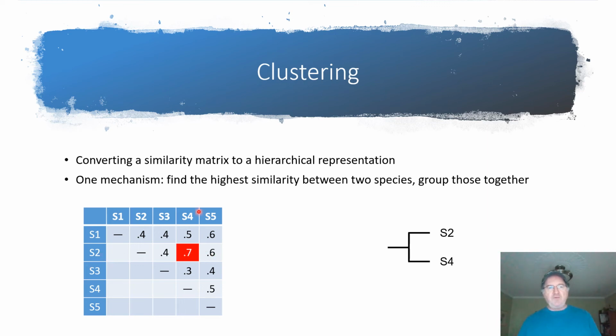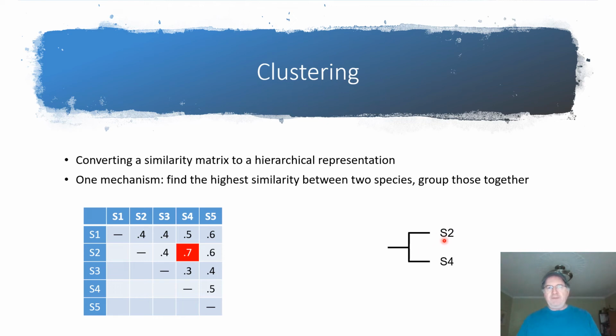S2 and S4 share 70% of their character states. Just as a sidelight, because these numbers are randomly generated, the range here is not going to be very high. You'll probably find higher ranges when you look at real organisms. But I find that S2 and S4 are the most similar pair. So I'm going to pull them out and group them together, and that's my first grouping.